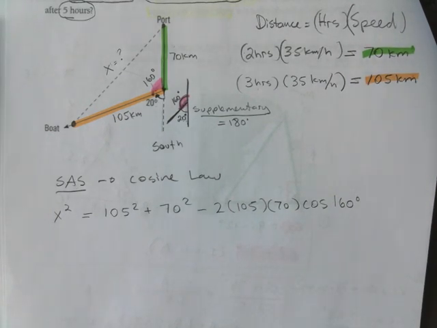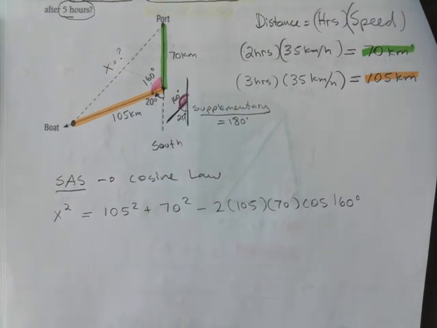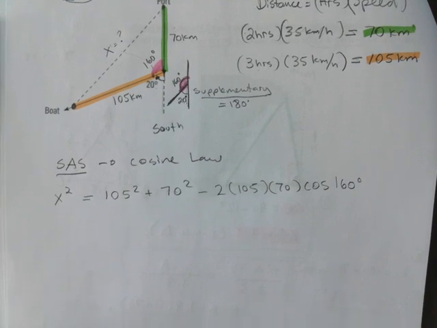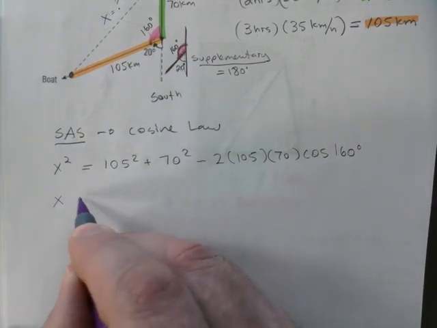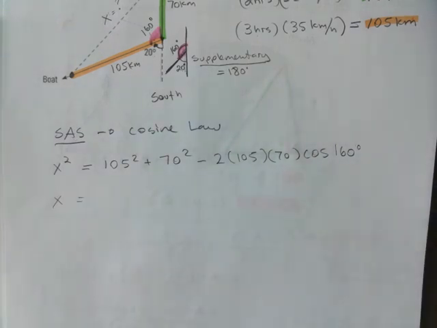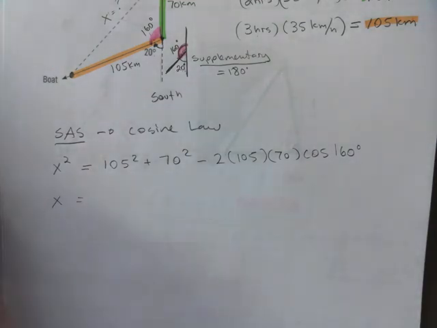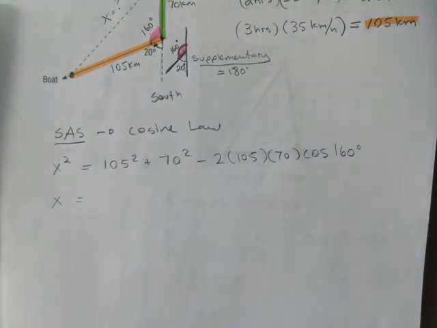Does that make sense what I just did there, guys? I hope this is the only new thing that I'm introducing here, that you have to be able to bring stuff inside the triangle. Okay, so let's figure this out. Do you remember how to do this? I'll give you a few seconds to figure this out. See if you remember what needs to be done to solve this, because we're almost there.